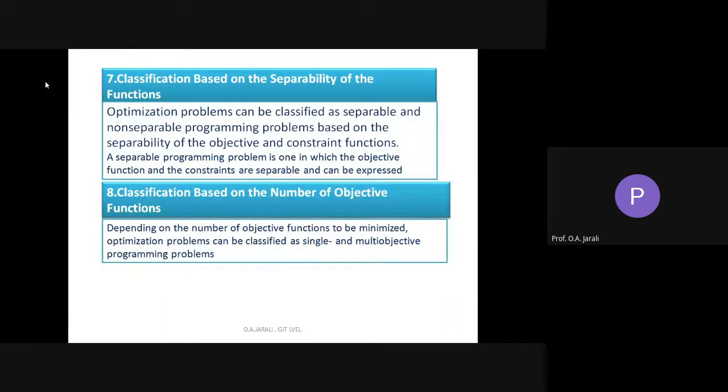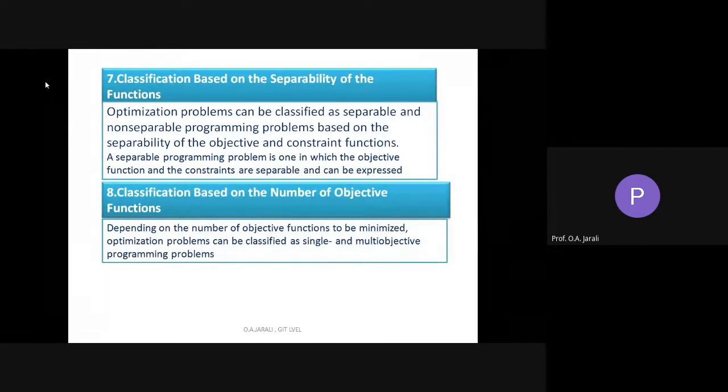Okay. So the classification based on separability of the function. Optimization problems can be classified as separable and non-separable programming problems.